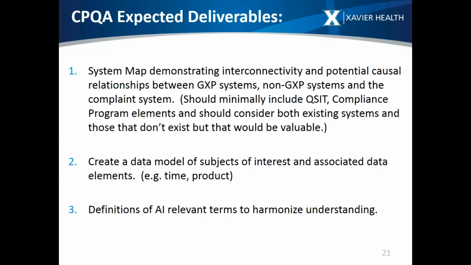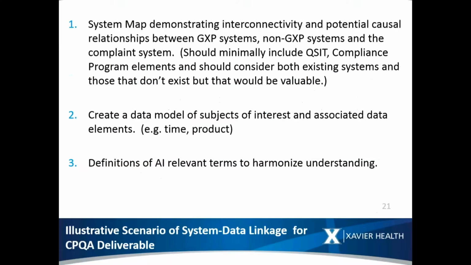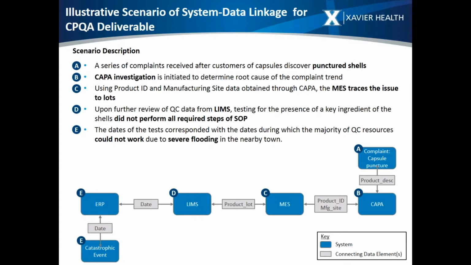If you can go to the next slide, I just want to point out, I don't want to get into detail on this slide, but when I talked about one of our deliverables being a system map demonstrating interconnectivity, the blue rectangles on this particular slide show samples of a GXP system that might be connected. So you see the complaint system, the CAPA system, an execution system, LIMS, ERP, et cetera.